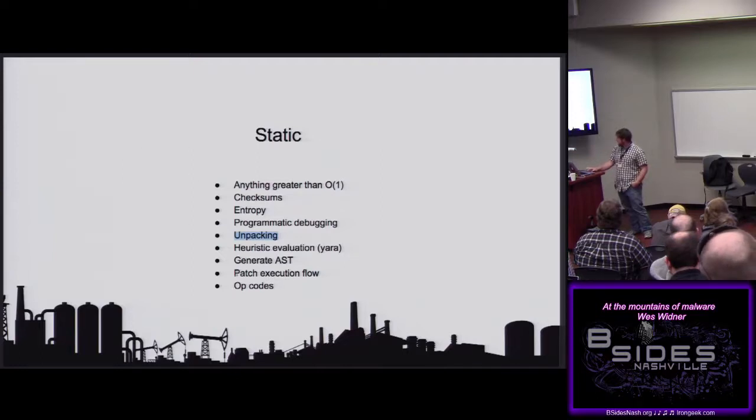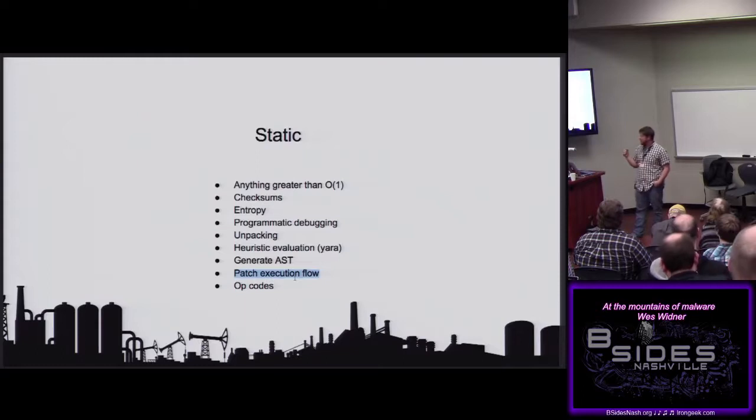The last one, which I find is some of the most fun, is patching the execution flow for malware. Most malware today will try to detect if you are running it in a sandbox environment and short-circuit itself and not run anymore.